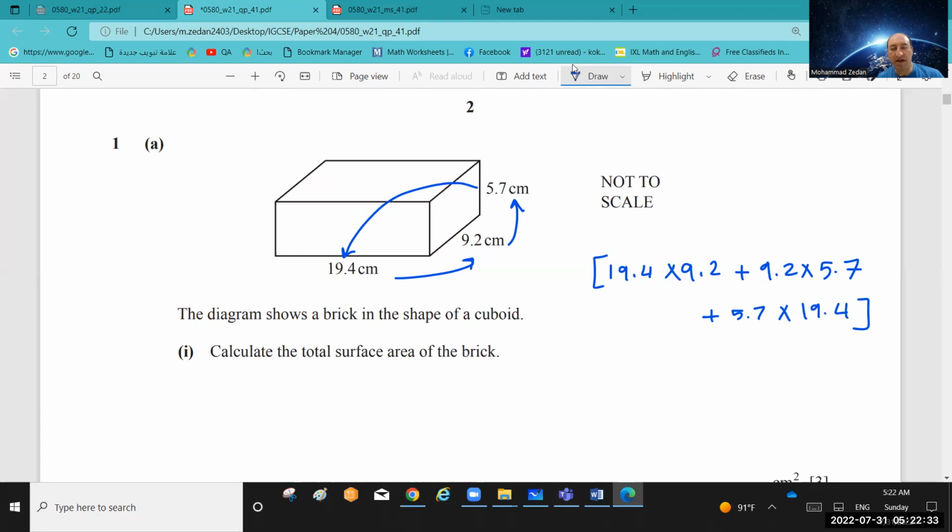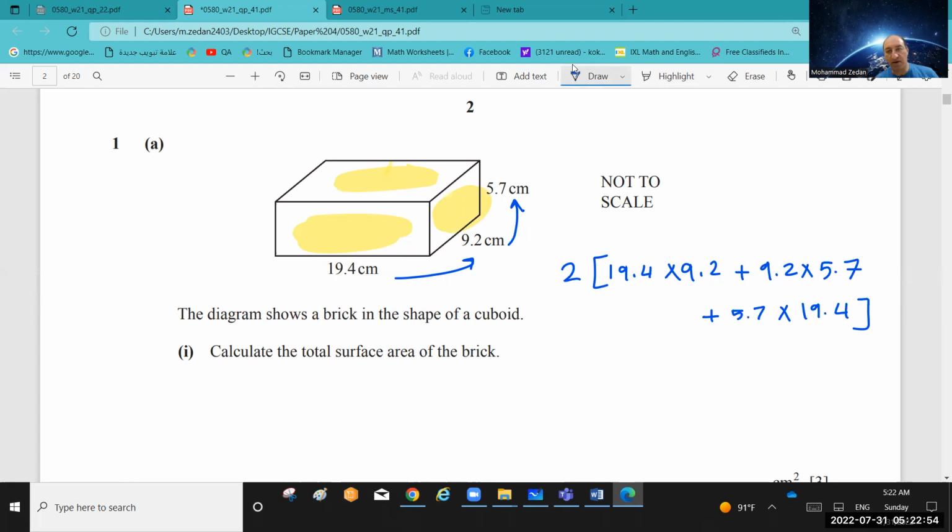What happened now, I calculated the surface area of 3 faces, this face, this face, and this face. The cuboid has 6 faces, so you need to multiply all this by 2. Now you have calculated the 6 faces.